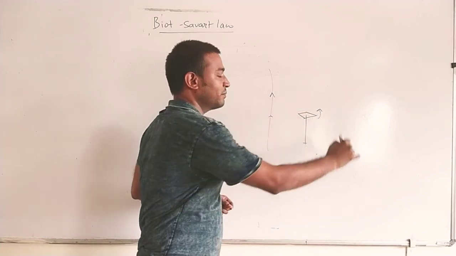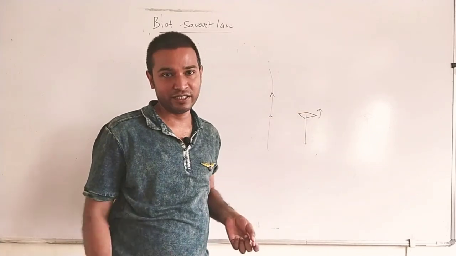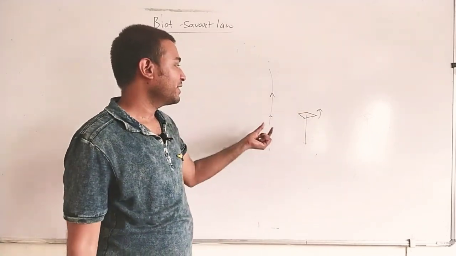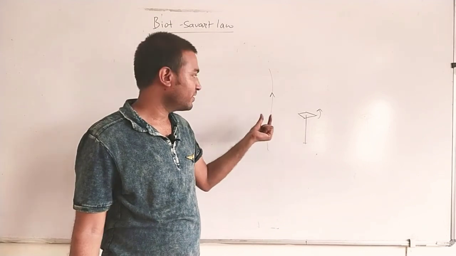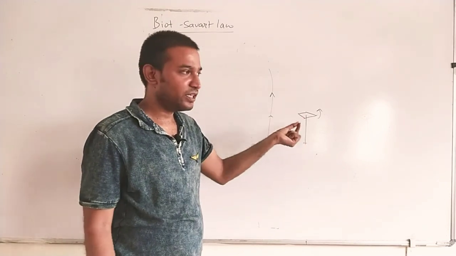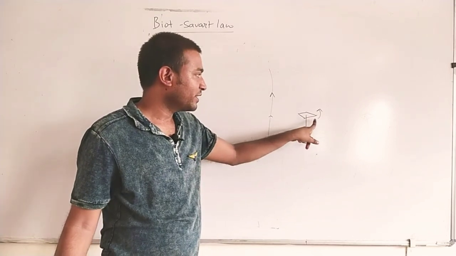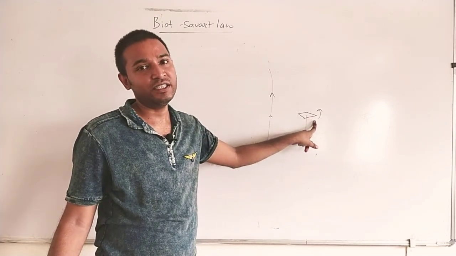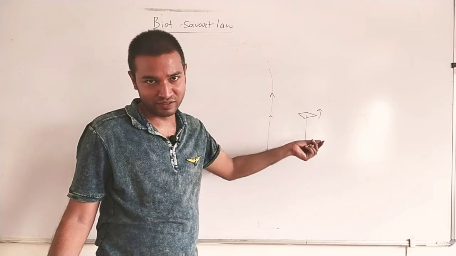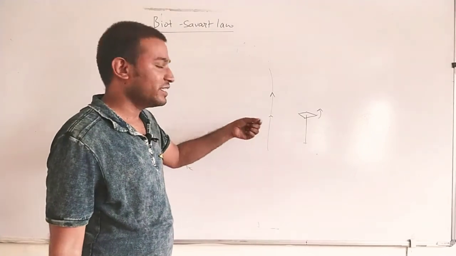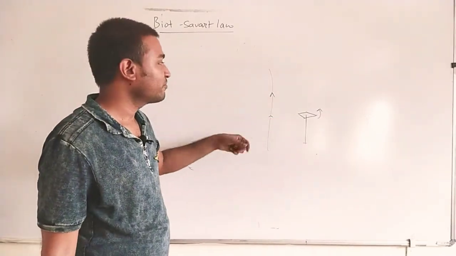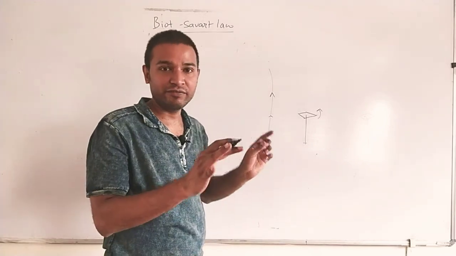Suddenly this magnetic needle gets deflected. It is due to the magnetic field, and there will be some magnetic force, whose expression we know very well, Q V cross B. So the magnetic force acts on this needle, and that's why it gets deflected. It changes its position, and so we find that there is a magnetic field.